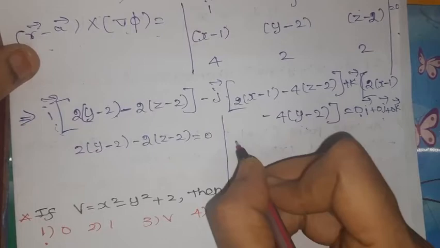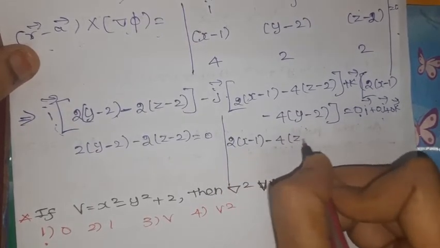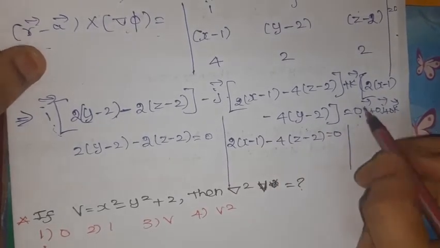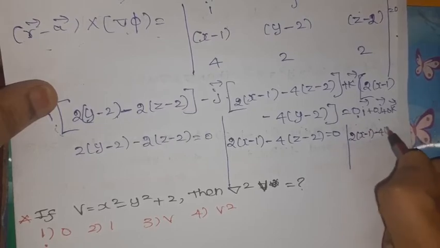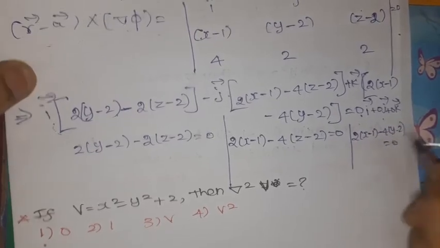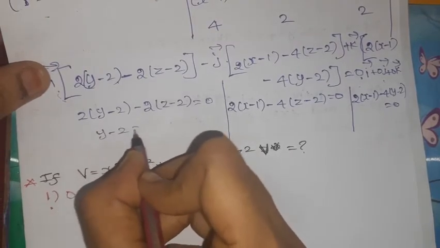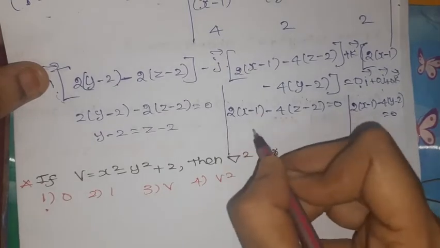Similarly, 2 into (x minus 1) minus 4 into (z minus 2) equal to 0. Then the third term: 2 into (x minus 1) minus 4 into (y minus 2) equal to 0. So from these, the 2 and 2 get cancelled. So y minus 2 equal to z minus 2.